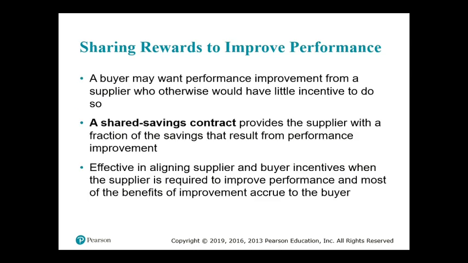Similar to sharing risk, you can also share rewards. So, for example, the buyer may want some performance improvements. For example, reducing the lead time for selling a seasonal item, so that they can forecast more accurately. Then the supplier, of course, doesn't have an incentive to do that, because if I reduce lead time and information is more accurate, then the retailer's safety inventory would reduce, right?